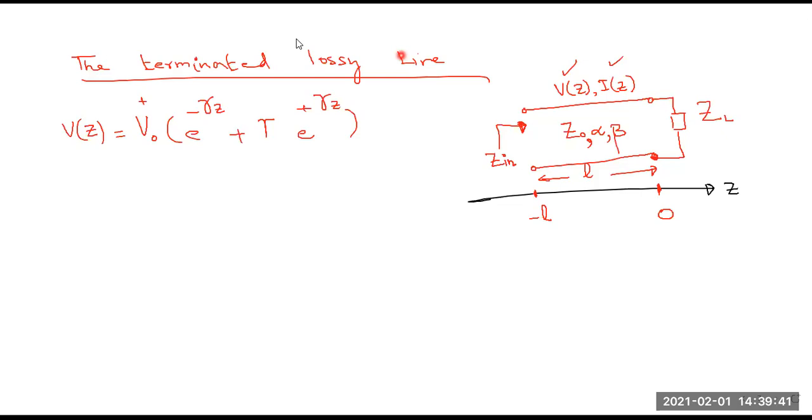And similarly, the current expression is V naught plus divided by Z naught, times e power minus gamma z minus gamma e power plus gamma z.